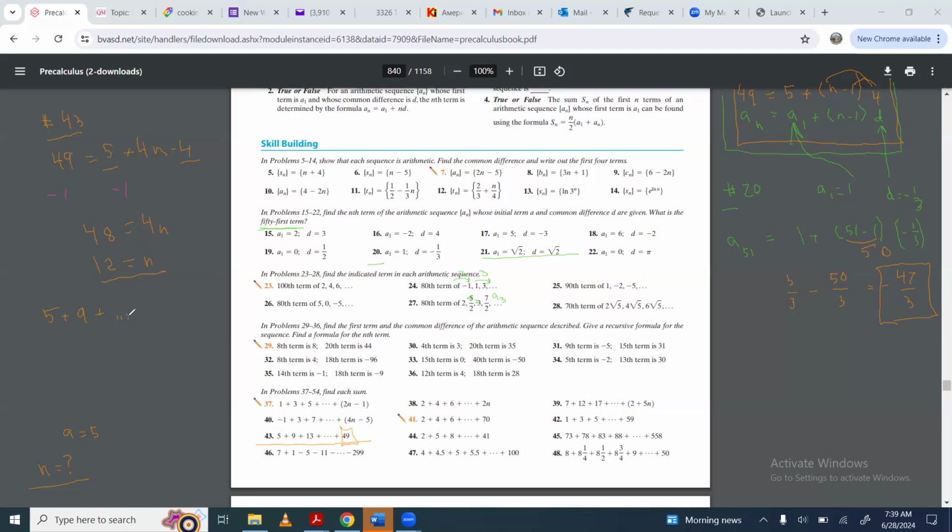So when you get to the end, it'd be 49, and the number before will be 45, because the difference is 4, right? So you keep adding 4 to produce the next term. So I like to write the term before, and just to state the total, we have 12.